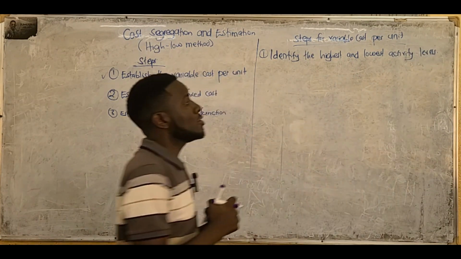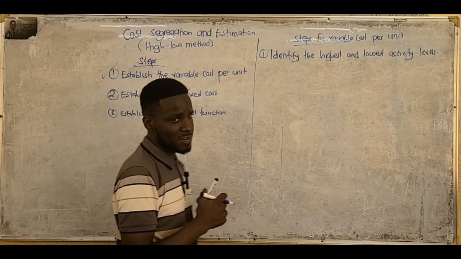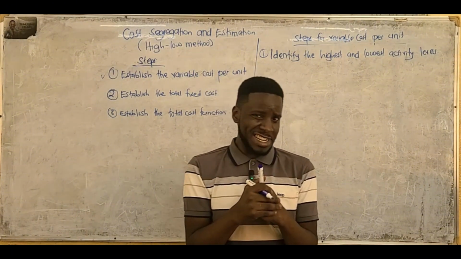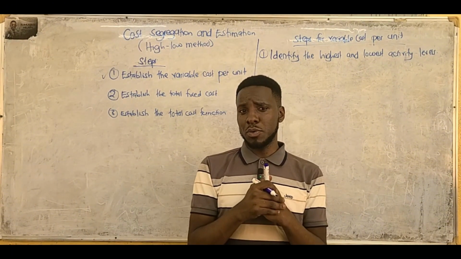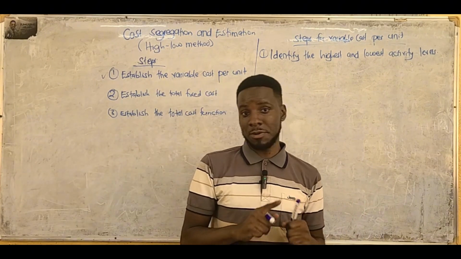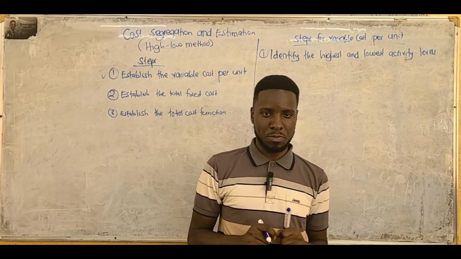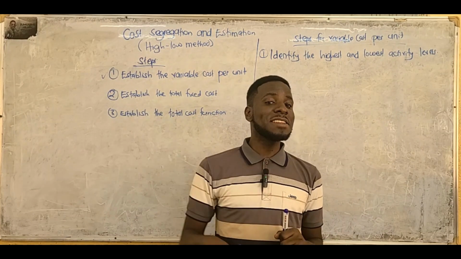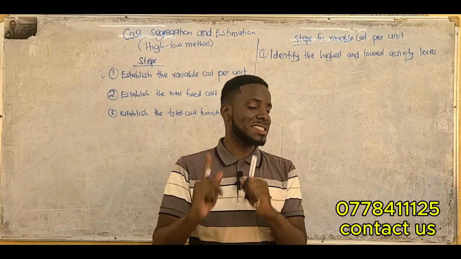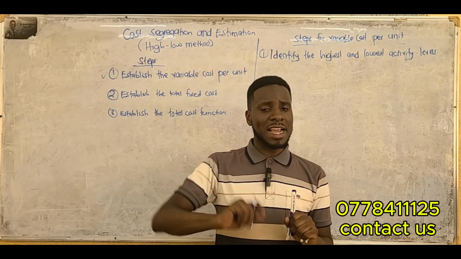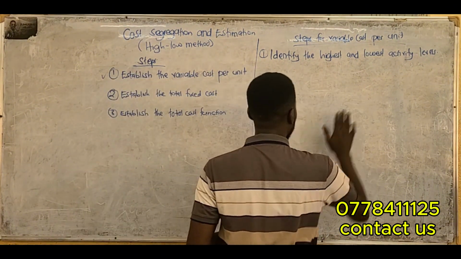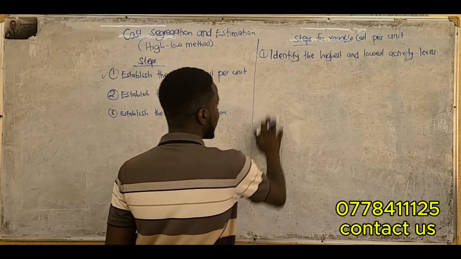They are going to give you quite a number of activity levels. They could be 7, 8, 10. But the first instruction tells us to identify the highest and lowest. We are doing the high-low method. You identify the activity levels, not the cost, but the activity levels. You're going to identify the highest and the lowest.